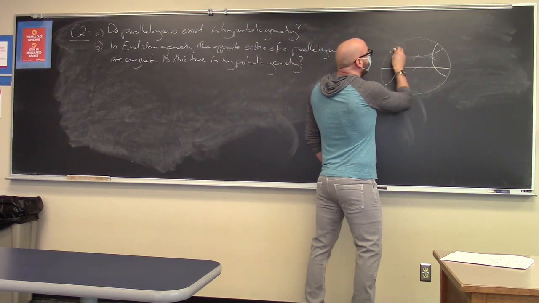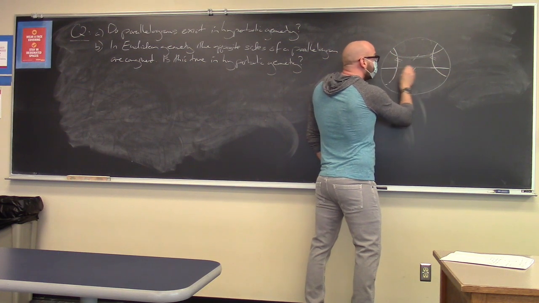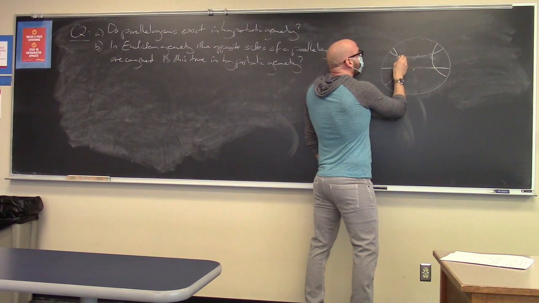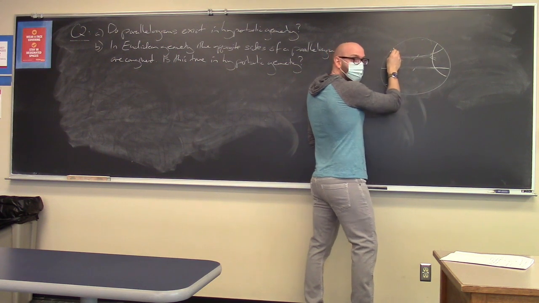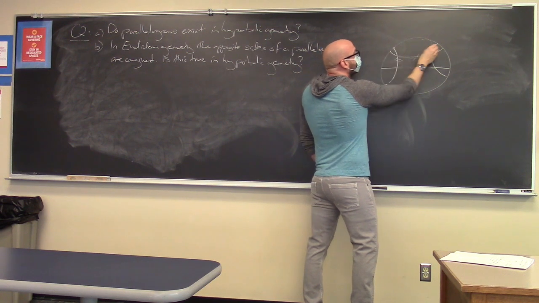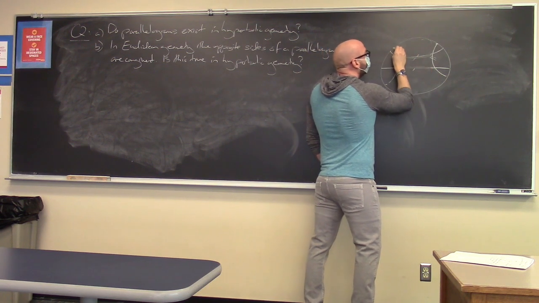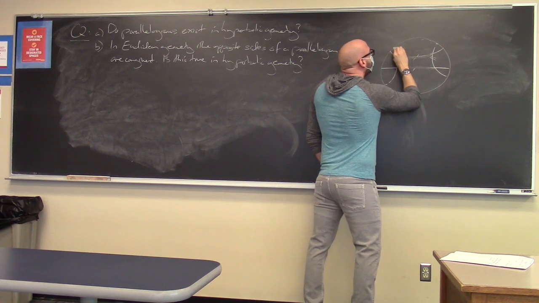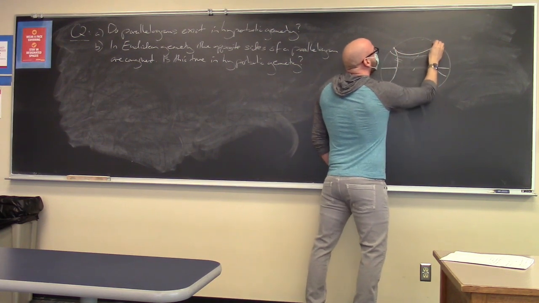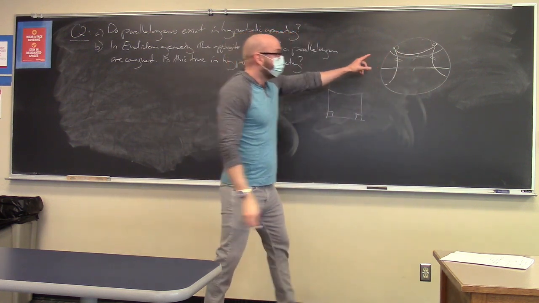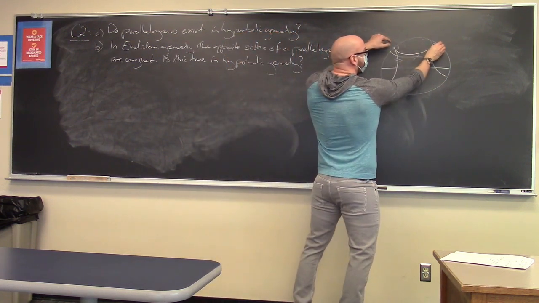What I can do is just form another parallelogram using this same side length, but I could make the side length up top here as long as I want. In fact, I could think of the limiting case as taking these two boundary points, and that really doesn't look orthogonal, and taking the circle that intersects here. And of course, this is not a parallelogram right now because this point is off here at infinity.